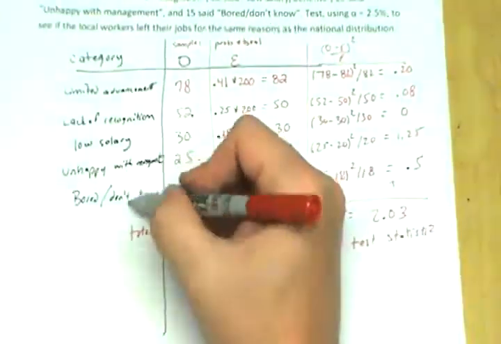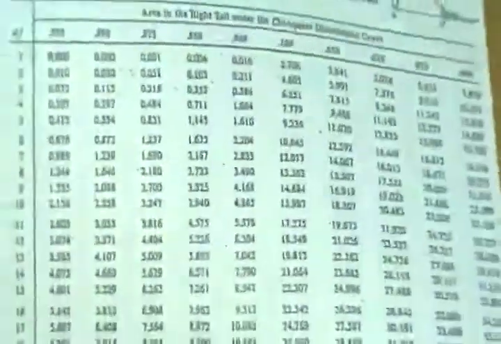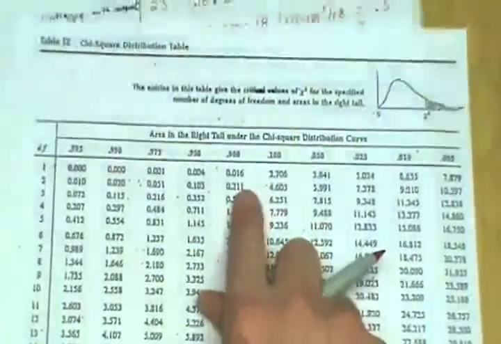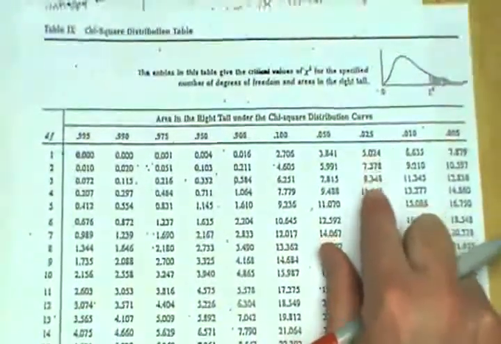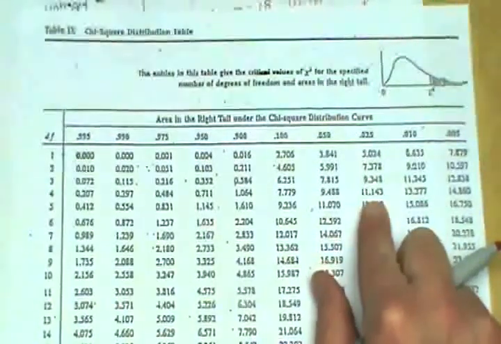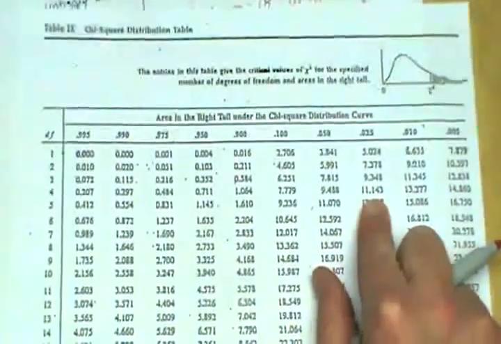We have 5, and if we take away 1, that's going to give us 4. And in our chi-square table, we want to look up 0.025 and go down 4. So 0.025 is right here. 1, 2, 3, 4, we're right here. 11.143.